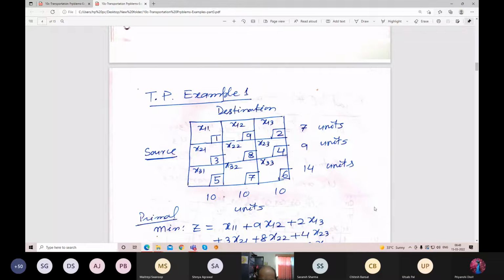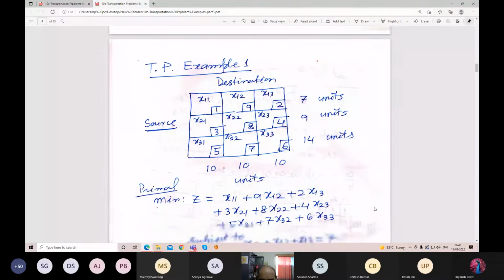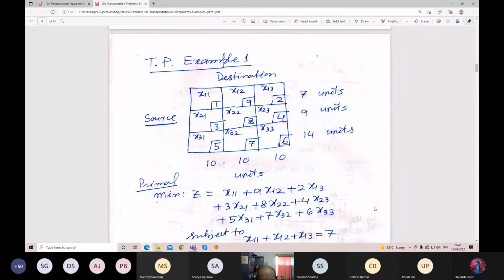So our objective function, we want to minimize as much as possible. We can write 1 into x11 plus 9 into x12 plus 2 into x13 plus 3 into x21 plus 8 into x22 plus 4 into x23 plus 5 into x31 plus 7 into x32 plus 6 into x33.